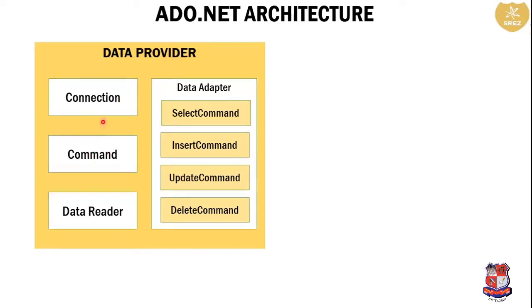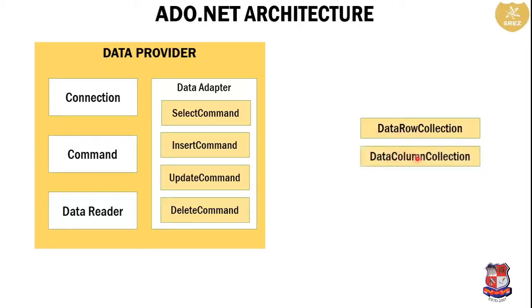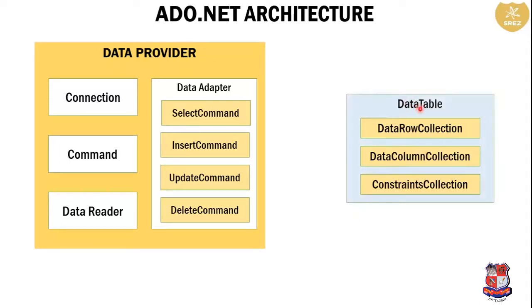So let us now focus on another part. Remember how a table is formed. A table comprises rows, a table comprises columns, and there are some constraints, or we can say rules. So the data row collection, the data column collection, and the constraints, meaning primary key, foreign key, and some rules, etc. All of these are combined to form the data table object. So what is a data table?